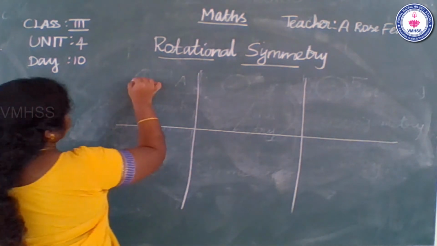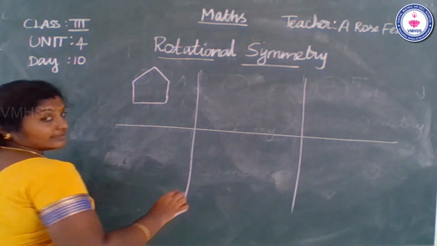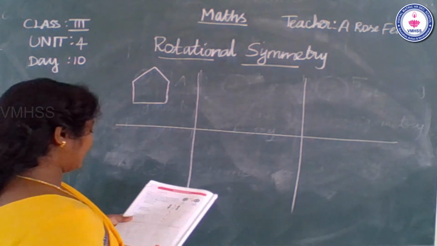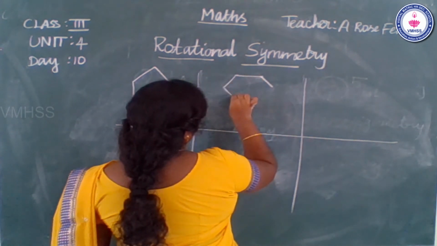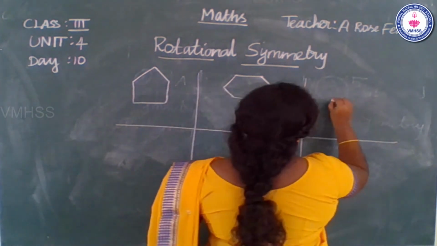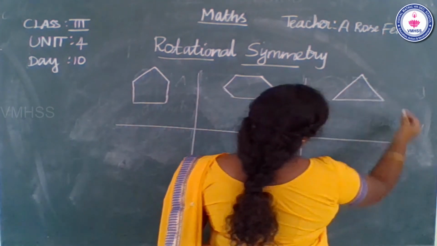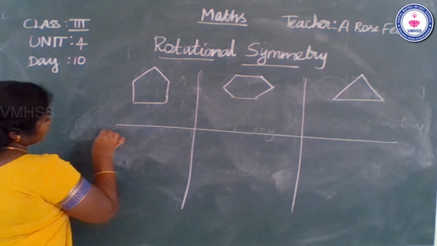So, first picture. Okay? So, first picture, second picture, and third one. Okay, children? Children, you also draw.